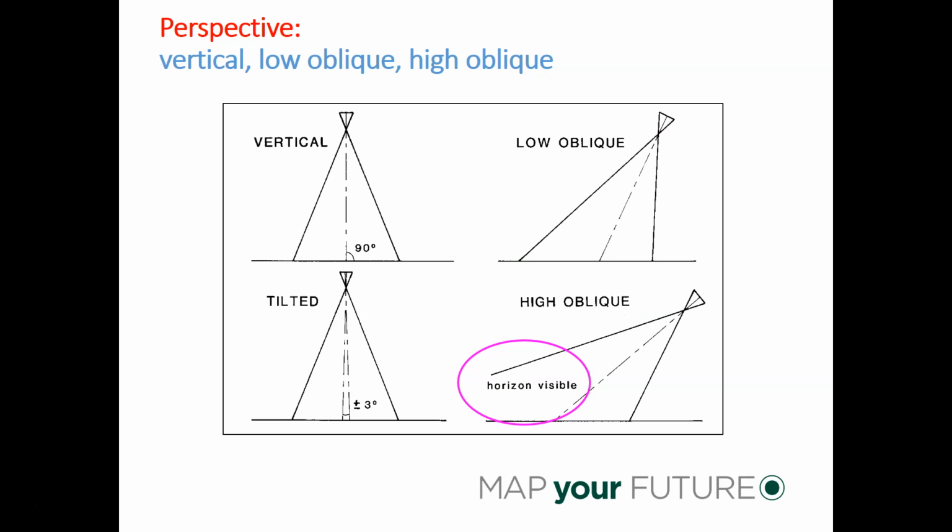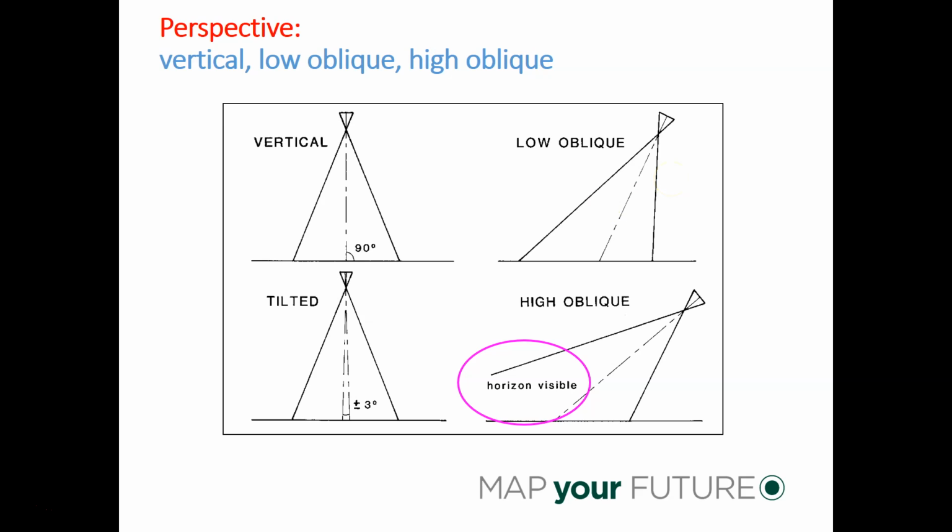Unfortunately, when you fly over an area, either in an airplane, or you use a drone for that, or a balloon, or a kite, it's never perfectly aligned vertically. There's always going to be some sort of a tilt with a small angle or even a much higher angle.